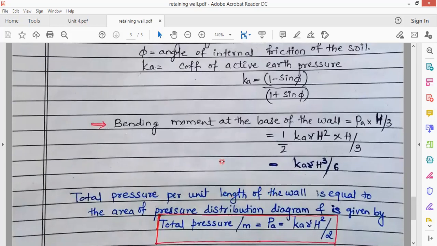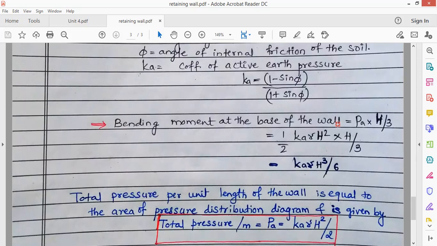And when I want to calculate the bending moment at the base of the wall, because this soil pressure is going to cause bending, acting at a certain height of the cantilever from the base of the slab, it is force into distance.